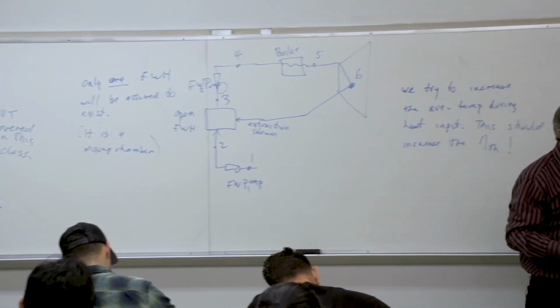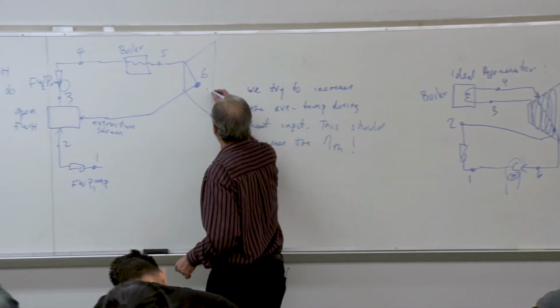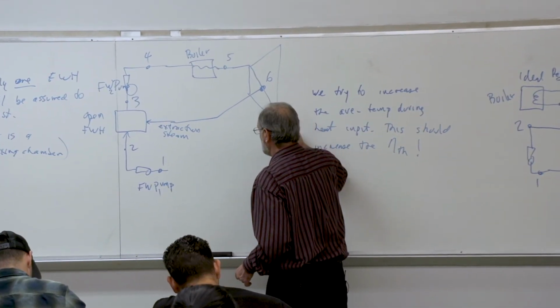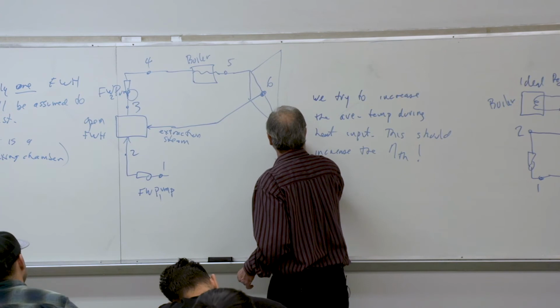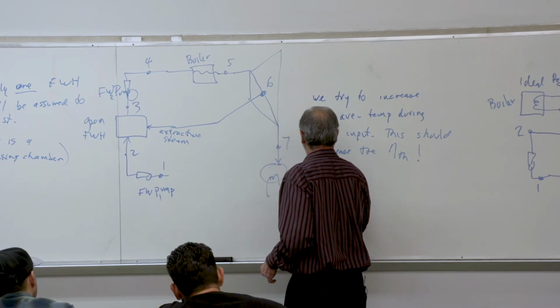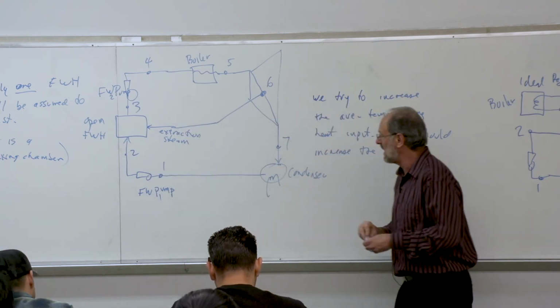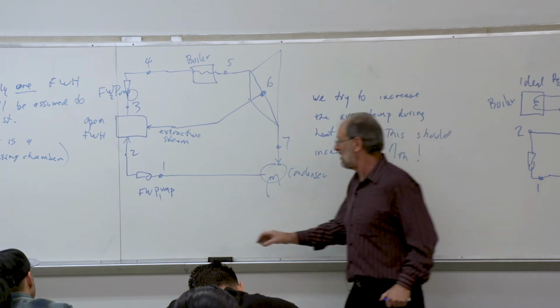And then the remaining steam that's in that turbine is just going to continue until it finally gets to the pressure of the condenser. So this is at point 7. And here's my condenser. And we have our saturated liquid that gets pumped right back into that open feed water heater.